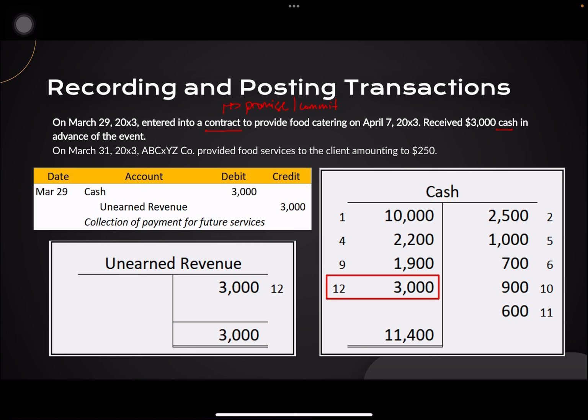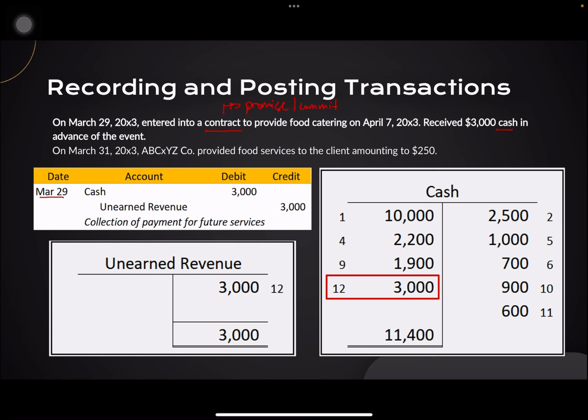So let's first journalize the transaction on March 29. Let's determine first what the original transactions are. First, our cash account increased in the amount of $3,000. For any increase in an asset, you put it on the debit side. So put the date of the transaction here, March 29, and then debit cash for $3,000.